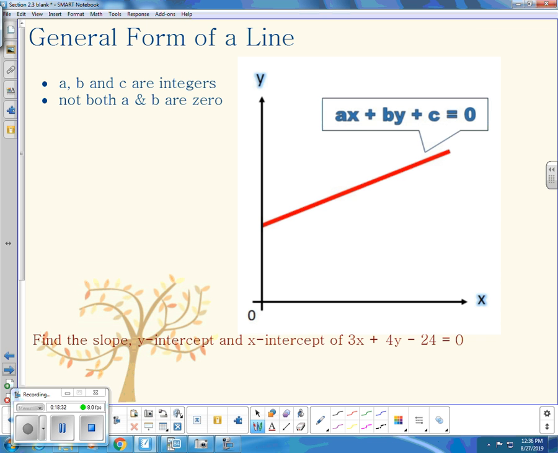General form. So this is another form of the equation. Ax plus by plus c equals 0. A, b, and c should be integers, so you should not have decimals or fractions in a general form. A and b, one of them can be missing, but one of them has to be there. You have to have at least an x or a y for it to be a line.